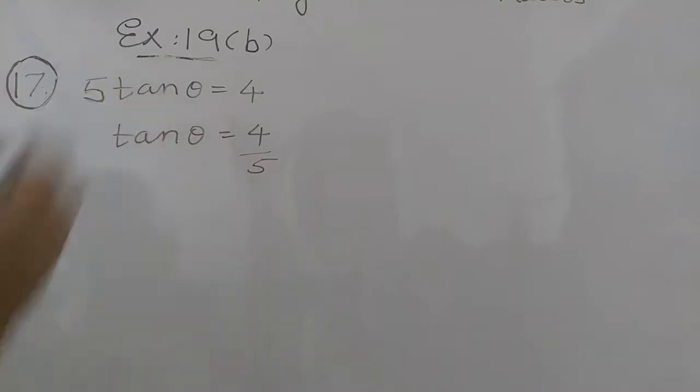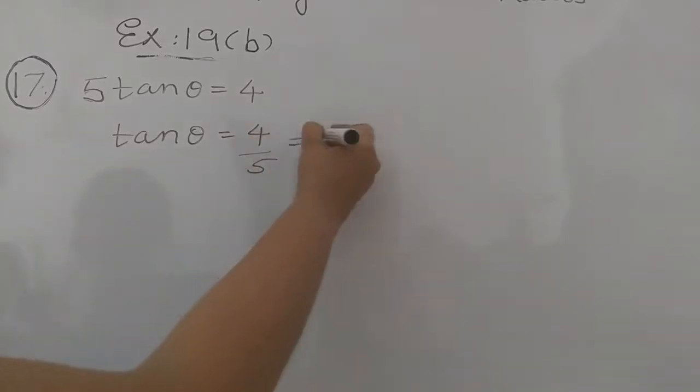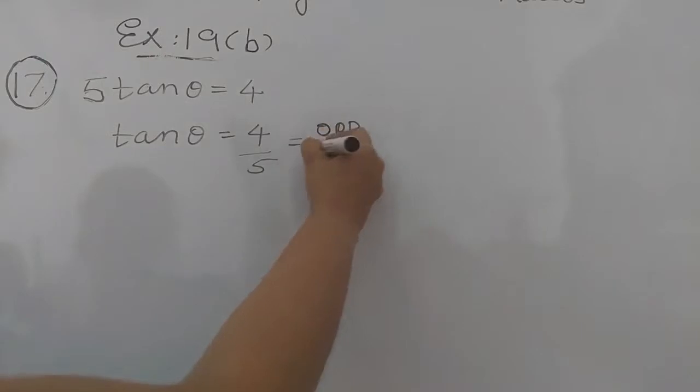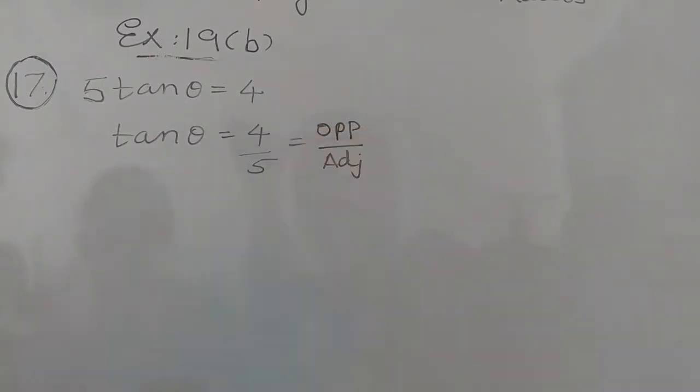If 5 tan theta is equal to 4, so using it, we can write tan theta is equal to 4 upon 5. Likewise, in cross multiplication the 5 will go, so 4 upon 5. Now, we have to find the value of 5 sin theta minus 3 cos theta upon 5 sin theta plus 2 cos theta. This means we require both the sin and cos values. So we all know that tan means opposite upon adjacent.